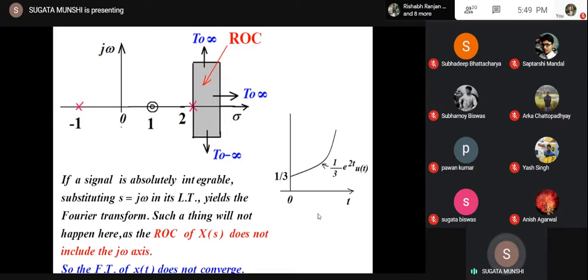That is because of the presence of this term in the time domain signal. So that is the significance of the ROC not including the j omega axis.